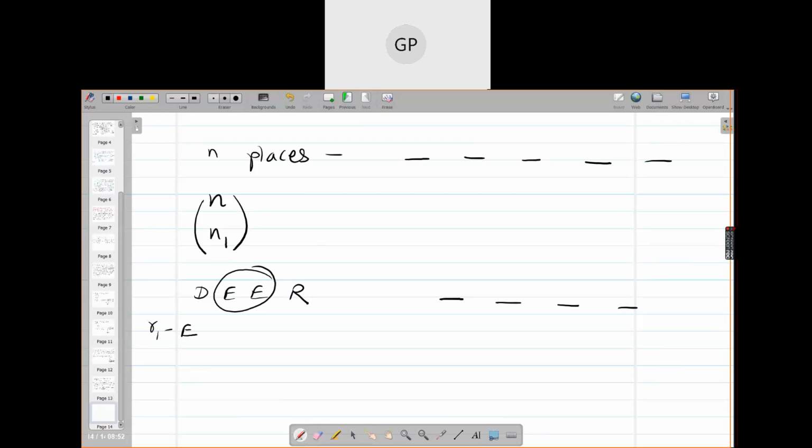How many E letters do we have in this word? 2 times, right? Girls, are you there? Yes, ma'am. So out of these 4 places, I will first choose 2 places for the letters E, the 2 letters E. So how many ways can I choose 2 places out of 4 places? 4 C 2 ways. Do you understand it?